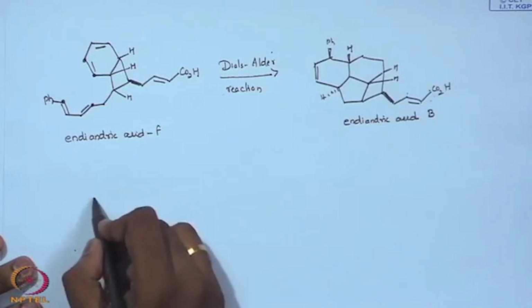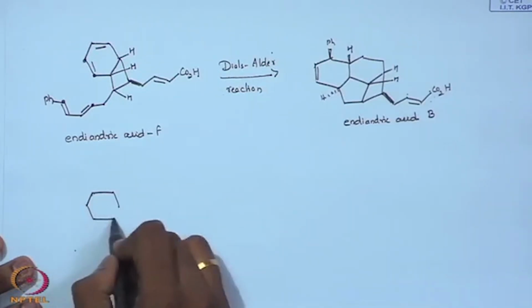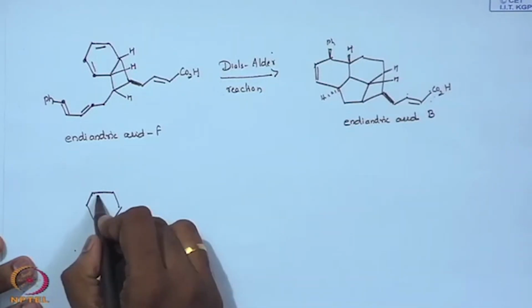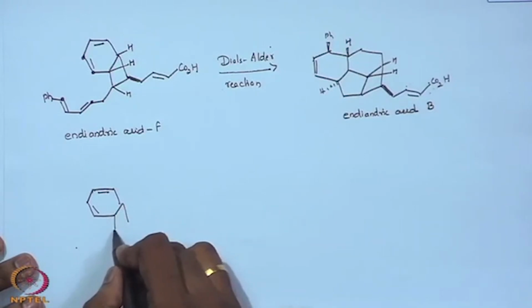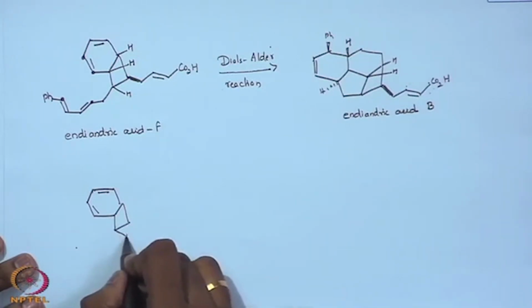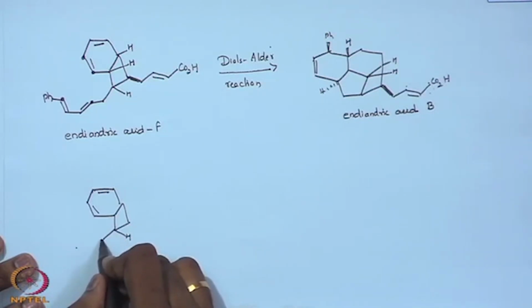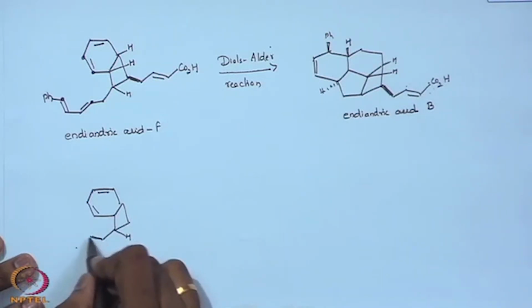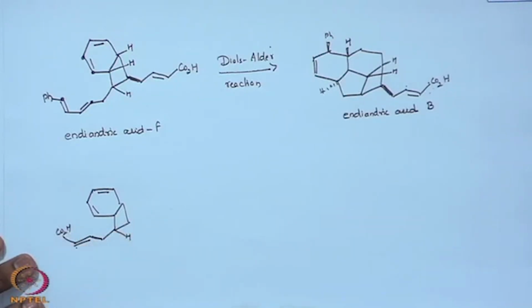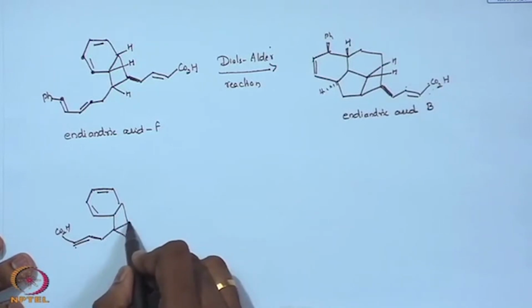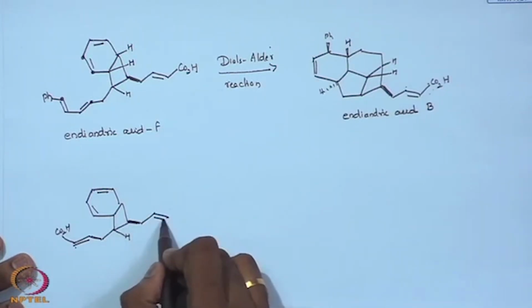G will be quite interesting. So, I have a double bond. I have a hydrogen here. Carboxylic acid. Fine, this side is your phenyl.